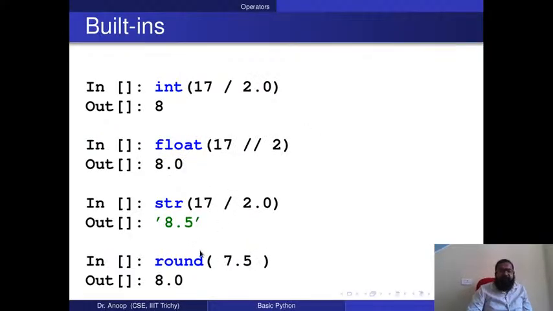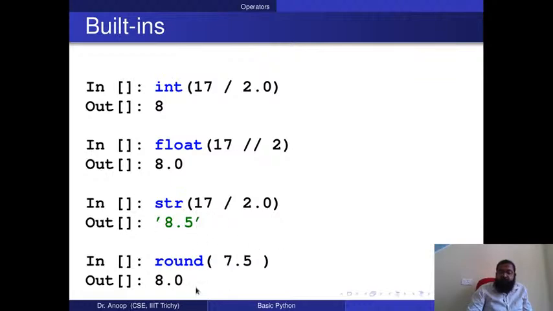And then you have a string, and then you have round. These are all the different built-in functions. The first three are the typecasting, where you typecast from one type to another type, for example from the value 8.5 to a string 8.5 in the third one.